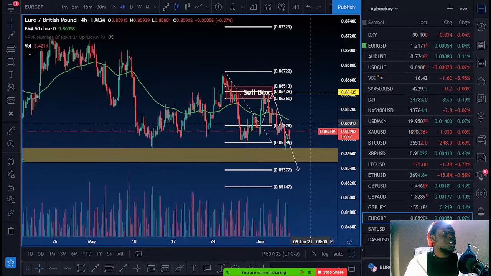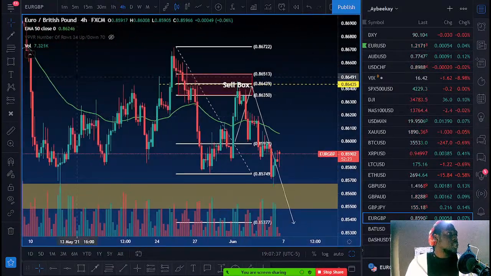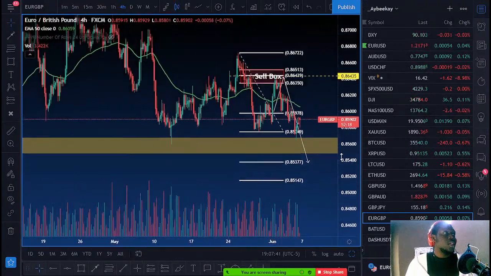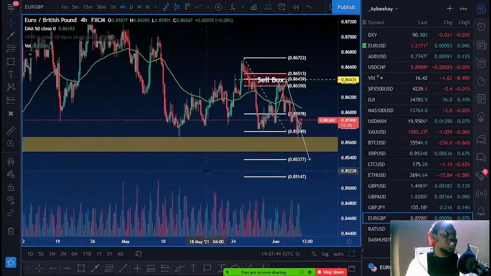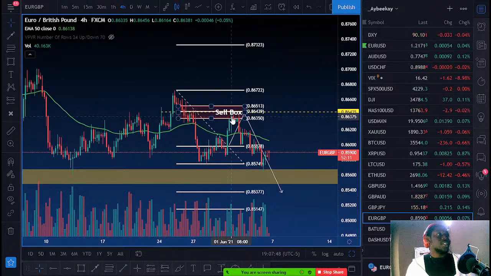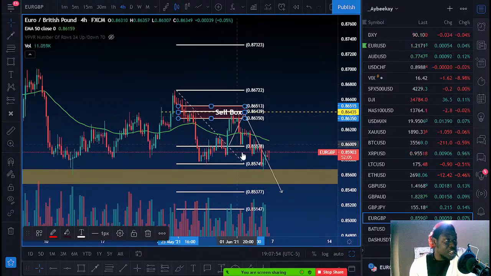Euro GBP, on the other hand, this sell played out to perfection. This was clean. Price came back down, but if price came over here and didn't really break to the downside, then I wouldn't want to sell it down here, is what I'm trying to say.